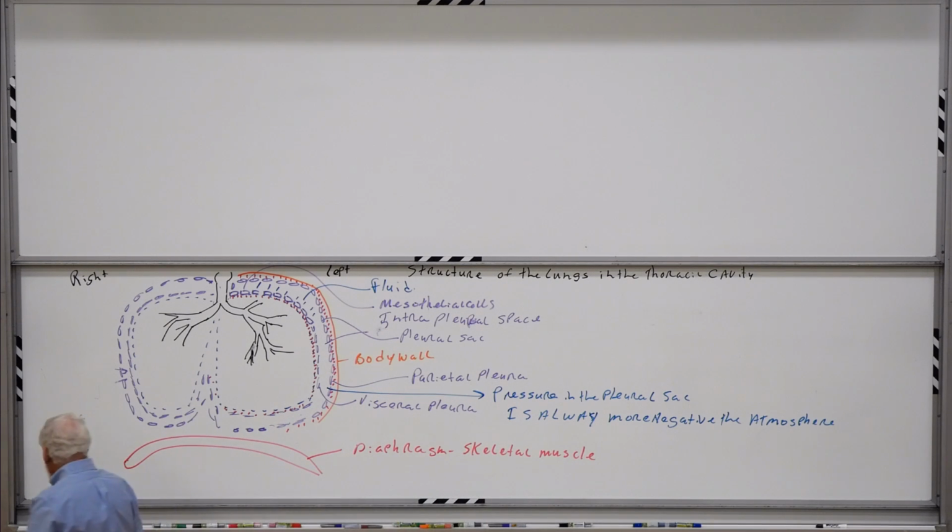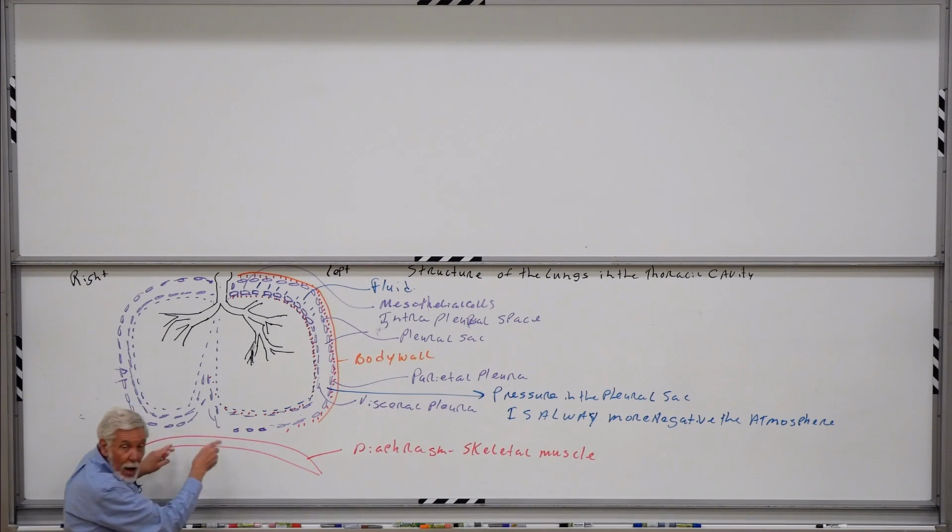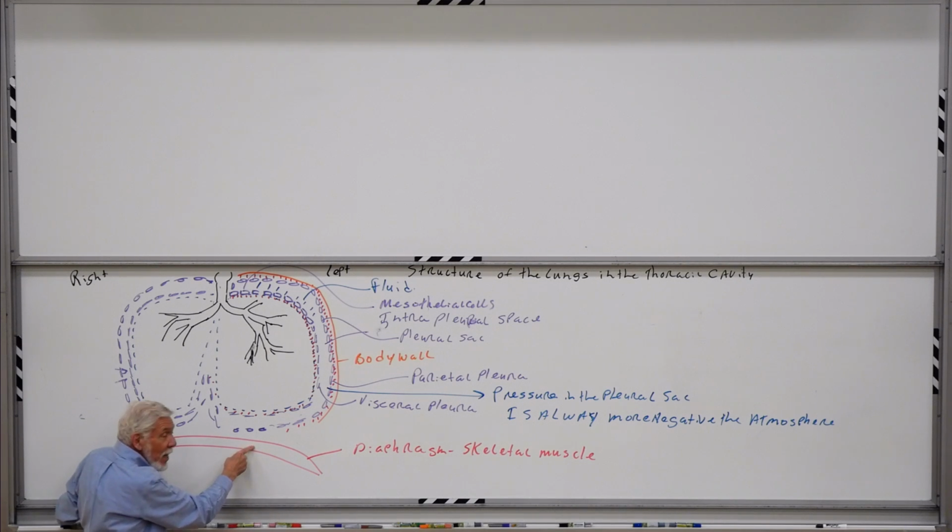Now, although you don't have to think about your breathing, it's all done automatically. It's automatic, but it's not part of the sympathetic and parasympathetic autonomic nervous system. So there is no innervation of this muscle by either the sympathetic or parasympathetic branches of the autonomic nervous system.